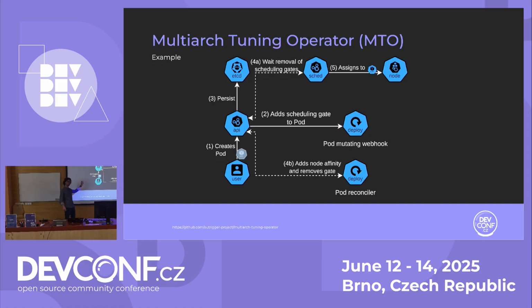Considering a user creating a pod, or a higher-level controller, we intercept the creation of the pod and we add a scheduling gate. At that point, the scheduler is waiting for the removal of the scheduling gate, and in parallel, a reconciler for the pod computes what architectures are compatible with it, patches the node affinity of that pod, and removes the scheduling gate so that the scheduler can assign it to a node.